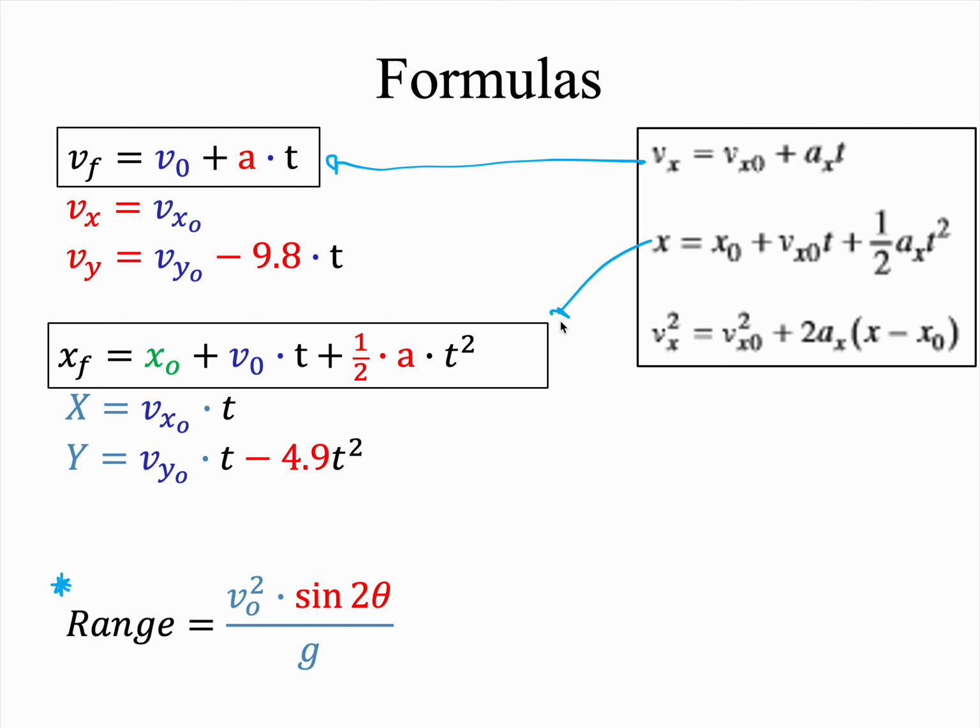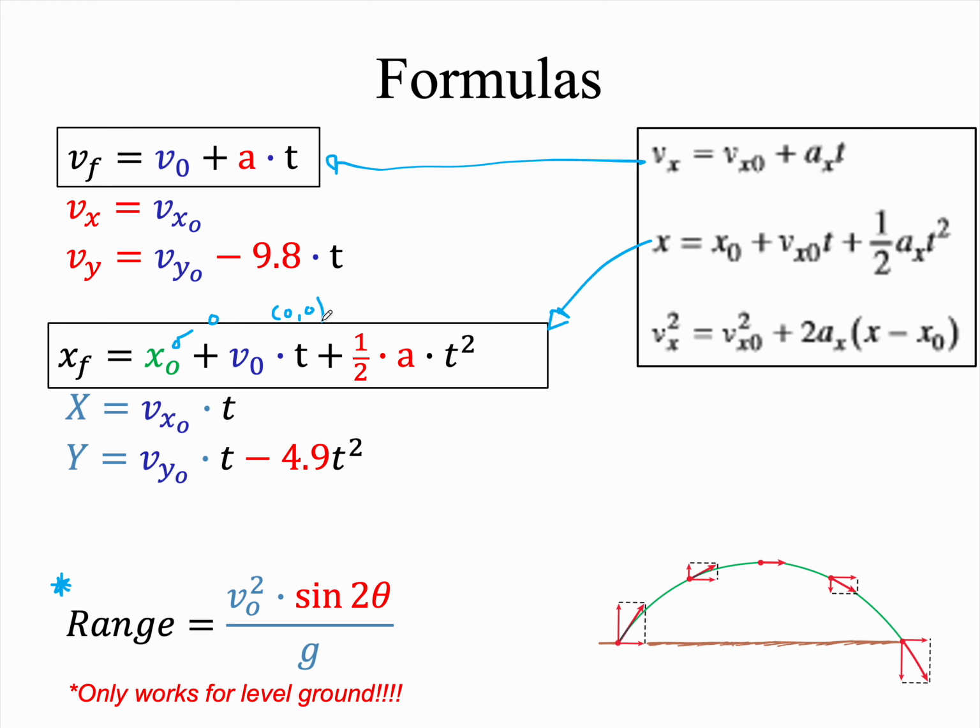But please realize that these are just derived from these two equations. One's velocity, one's position. And we usually assume that the initial position here is 0. Remember, we make the origin 0, 0. So it's kind of fun. All right. Again, remember that the range equation only works for level ground.